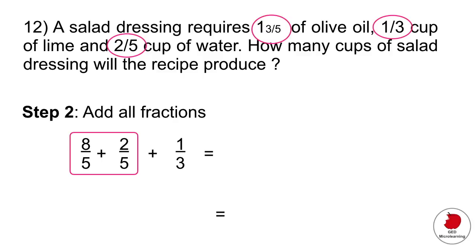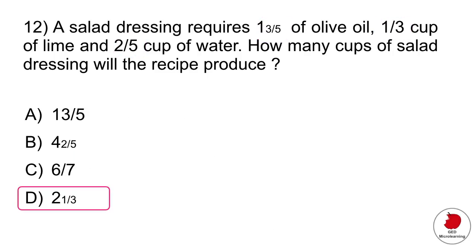So we would have 8 plus 2, which is 10, divided by 5, and that gives us 2. And now all we have to do is add that remaining fraction. So that tells us that in total, the salad dressing produced 2 cups and 1/3. We had 2 1/3 cups of salad dressing. Option D.